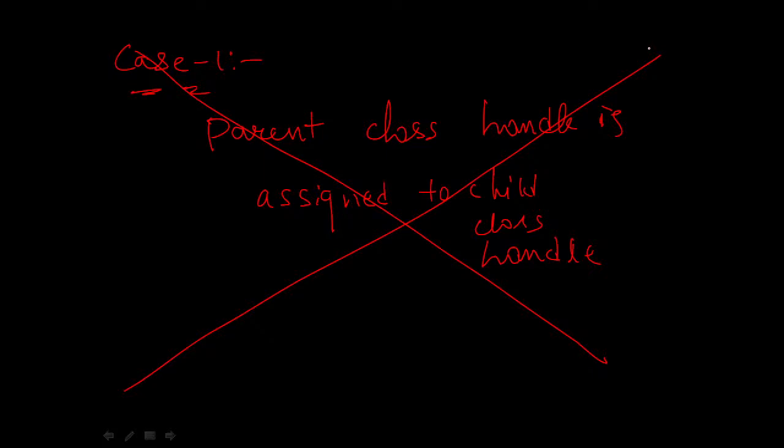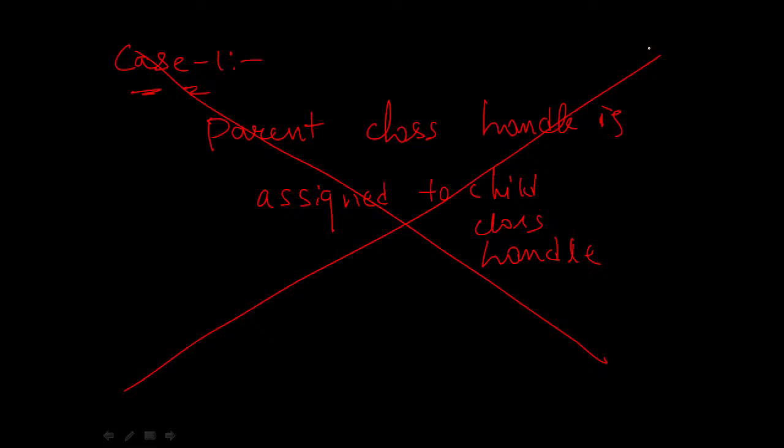We will get a compilation error. Okay, that we will see when we are doing coding. I will show you that error also. So this type of assignment is not possible in object oriented programming.